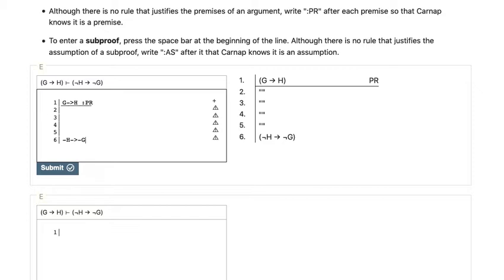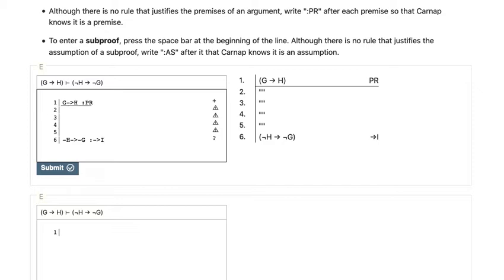I can look at premise 1, G arrow H, and there's nothing I can do with G arrow H on its own. So how could I get, somewhere at the end of the proof, not H arrow not G? Well, it's a conditional, so maybe think about using conditional introduction.